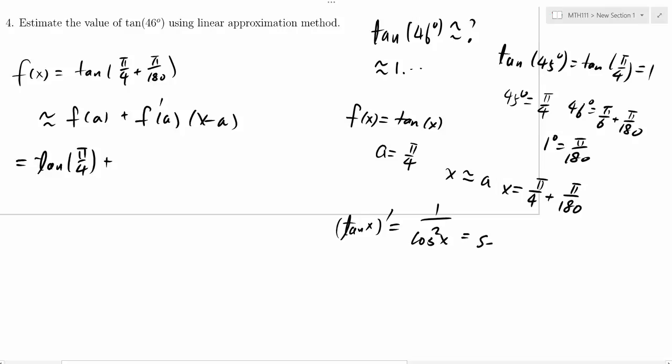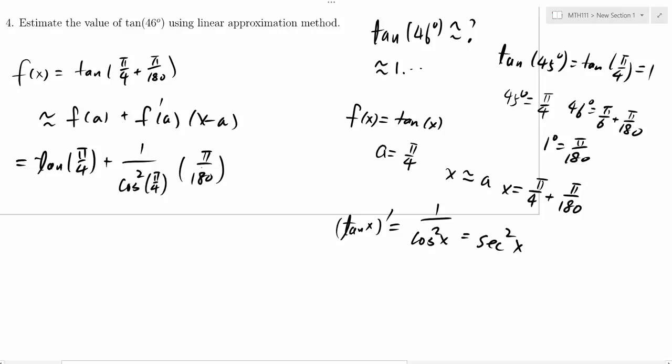Some of us remember this as secant squared of x. So the derivative at the point pi over 4 is 1 over cosine squared of pi over 4. And x minus a here is pi over 180.